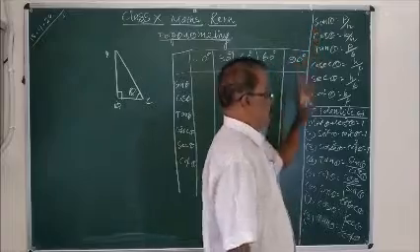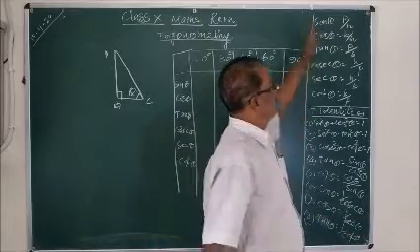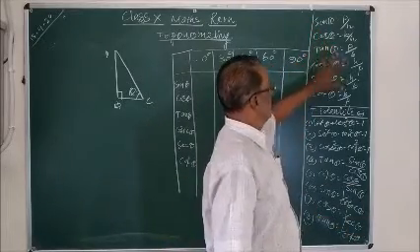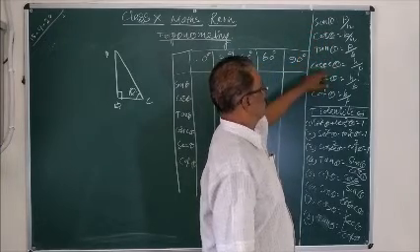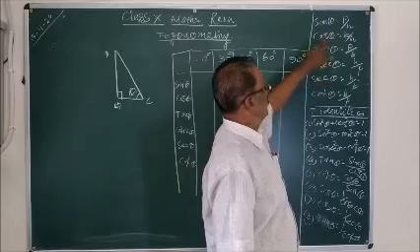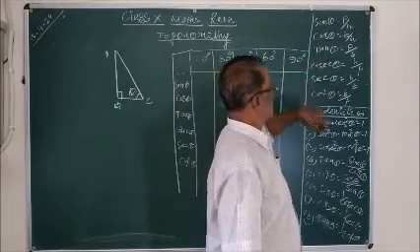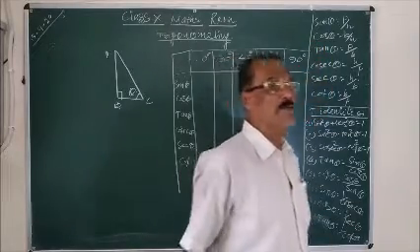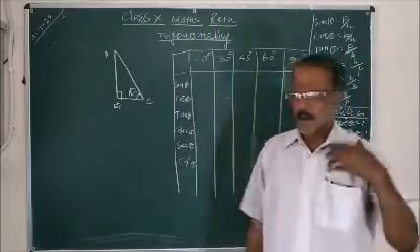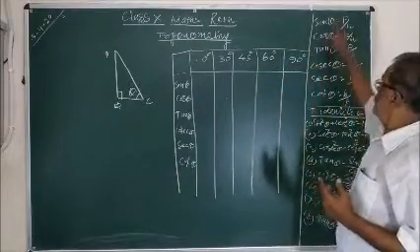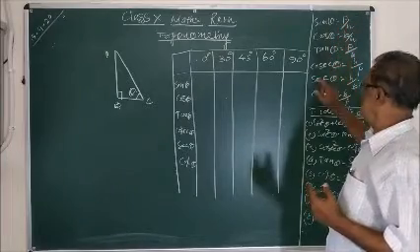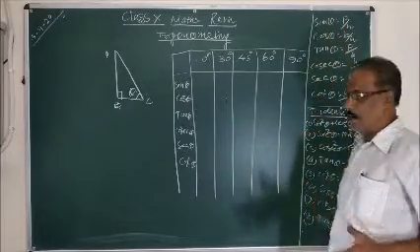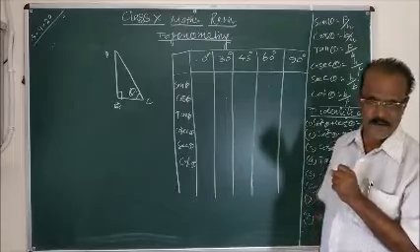Sine, cos, there are 6 trigonometric ratios: sine, cos, tan. And these 3 have opposites: cosec is the opposite of sin, sec is the opposite of cos, cot is the opposite of tan. So whatever the values we know of sine, cos and tan, the remaining values you can find out automatically.